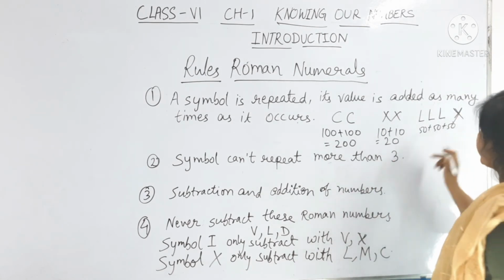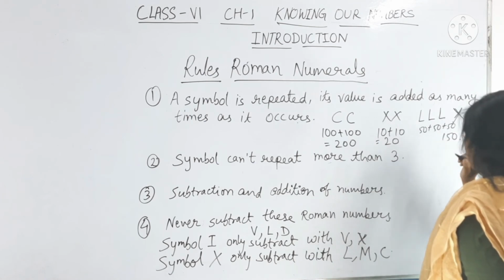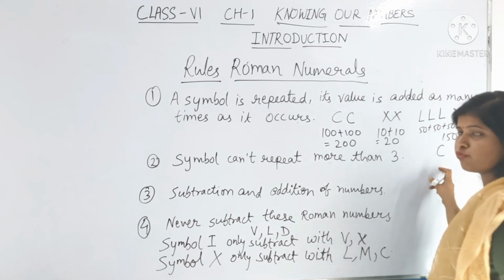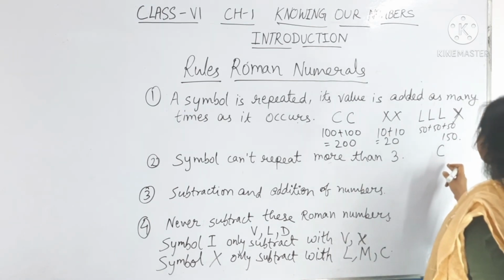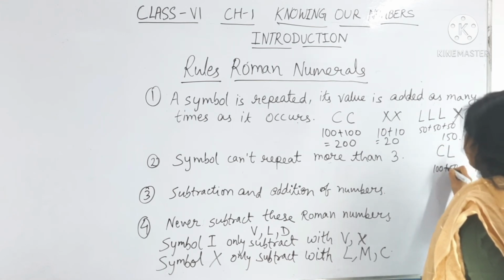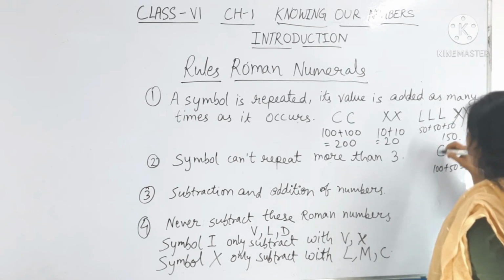So for 150, what can you write? There is 100, for which we write C, then for 50 we write L. So CL means 100 plus 50 equal to 150. This will be right and the other will be wrong.